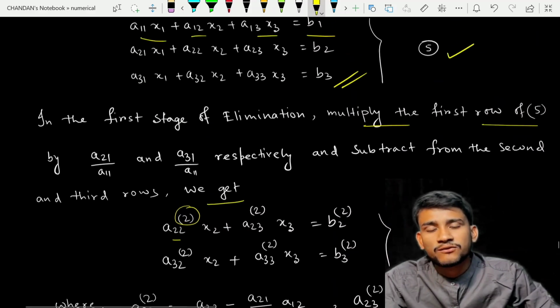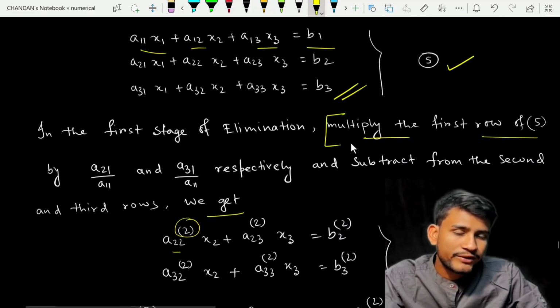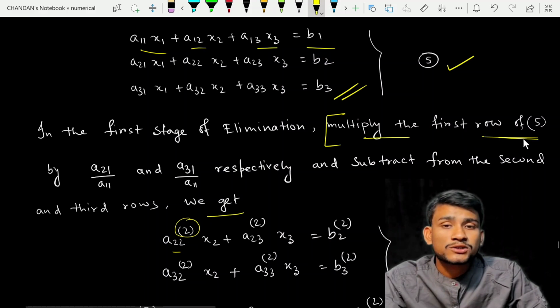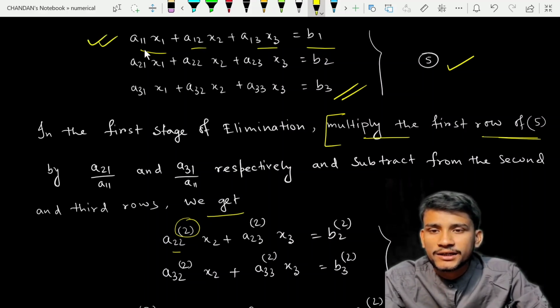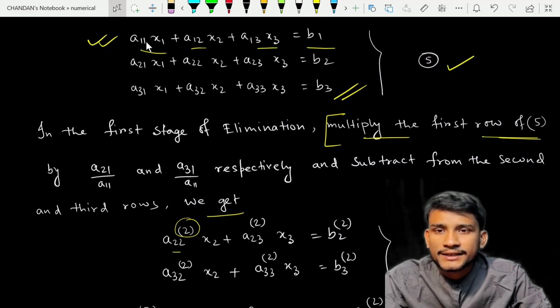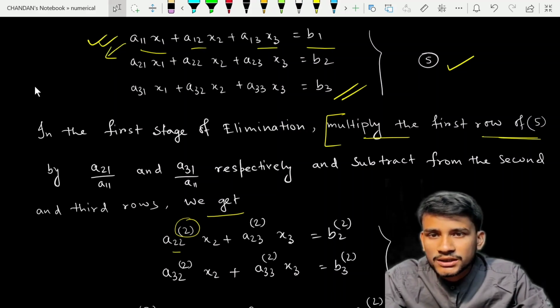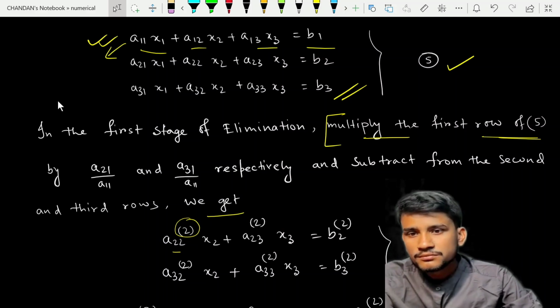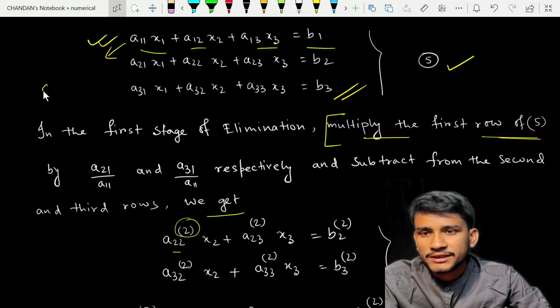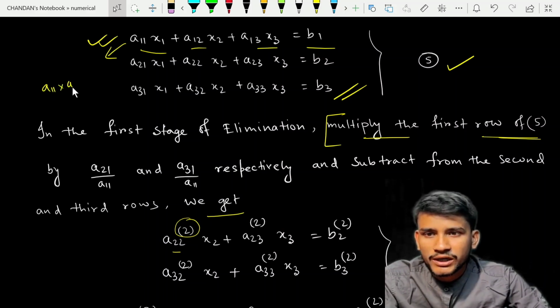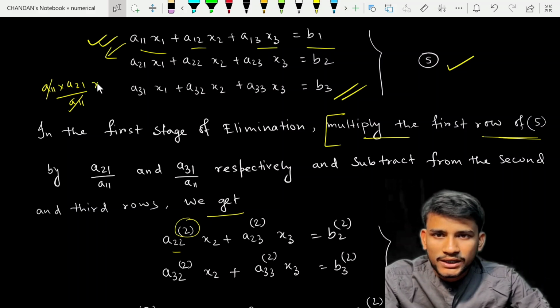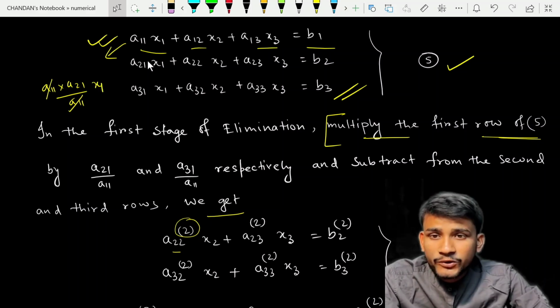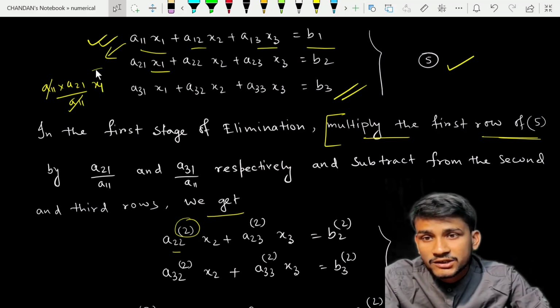If we read this line very carefully, multiply the first row of 5 by a21 by a11, then you can easily see that this term goes to a11 into a21 by a11. So this a11 cancels, giving a21 into x1, and then if we subtract from the second row, the x1 term vanishes.